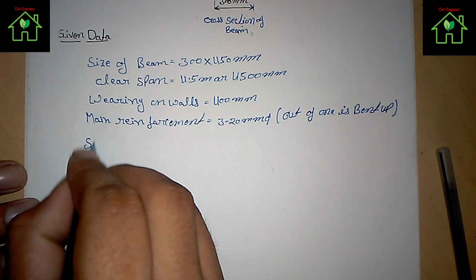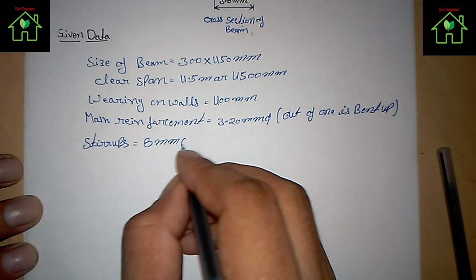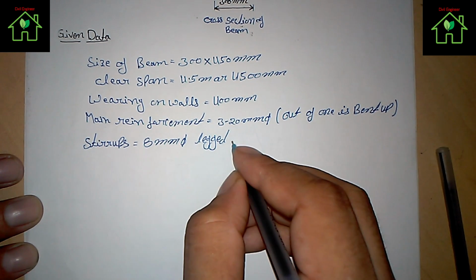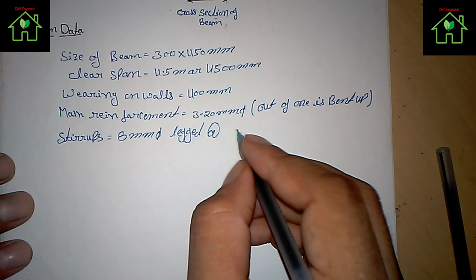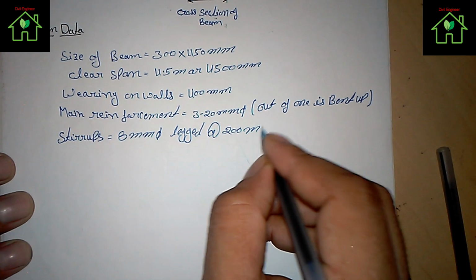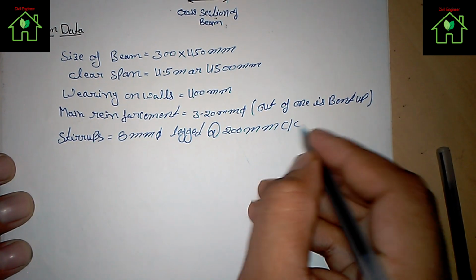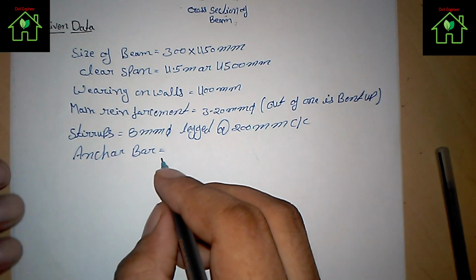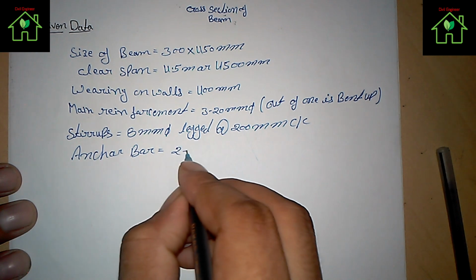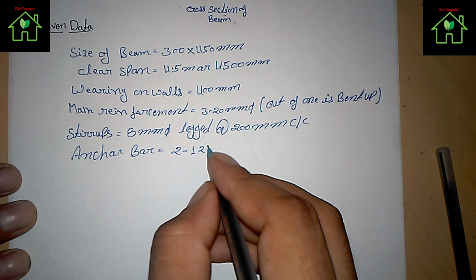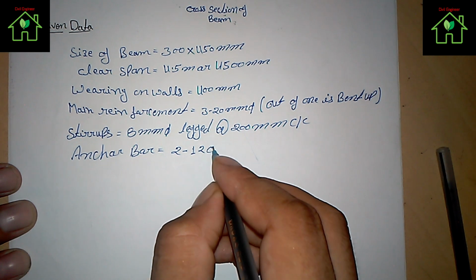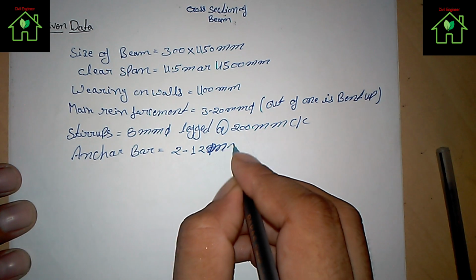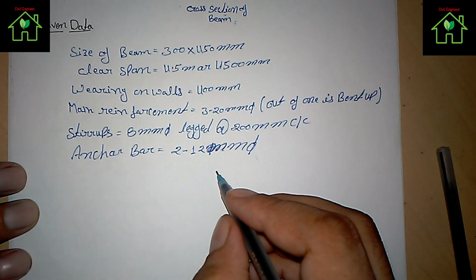Stirrup: 8 mm dia, 2-legged, at the rate of 200 mm center to center. Anchor bar: what is the anchor bar? 2 anchor bars of 12 mm dia. So these data I have given.